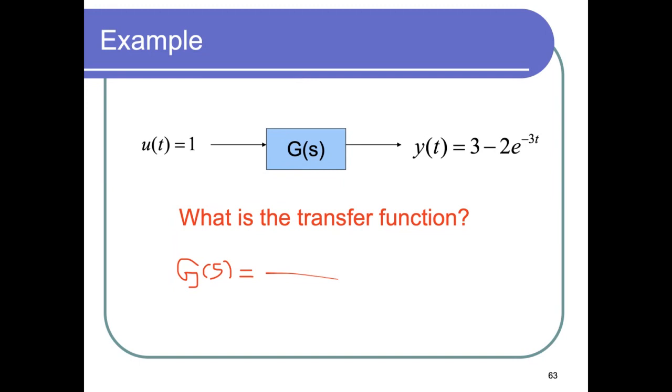Okay. So we have the Laplace transform of the output, y of t. Then we have the Laplace transform of the input, u of t. So what is the Laplace transform of y of t?